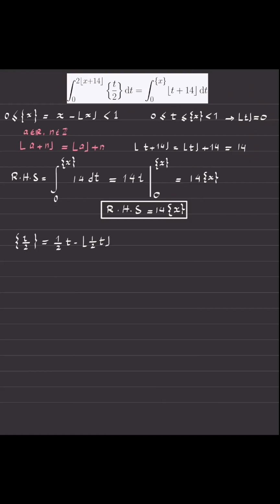And then here the integral goes from 0 to 2 times an integer, because the floor of x plus 14 is an integer. One possible way of solving the problem is to break this interval of integration into subintervals in a way that on each subinterval the floor of 1 over 2 t is just a constant. Then it means that I don't need to be worried about this part.